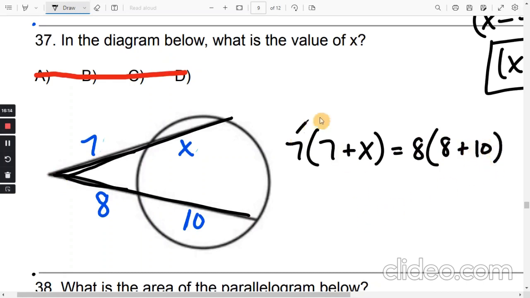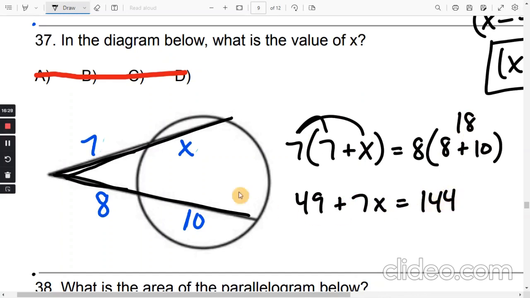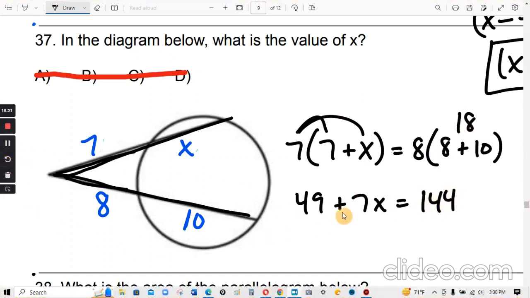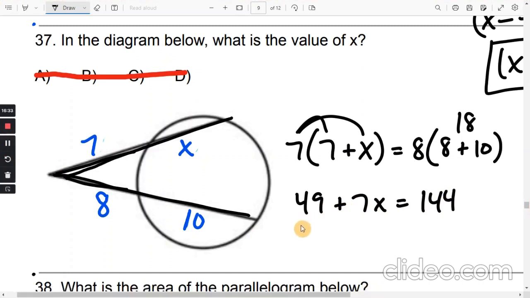Okay, distributing, 7 times 7 is 49, and 7 times x is 7x. 8 plus 10 is 18, and 8 times 18 is going to be 144. All right, plus 49, the opposite of plus 49 is minus 49, and it cancels here.